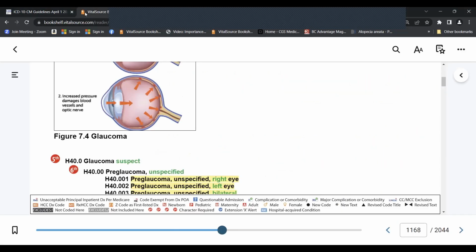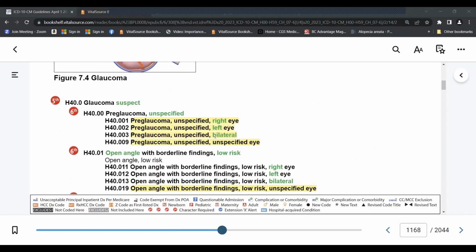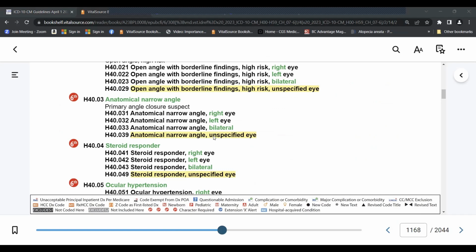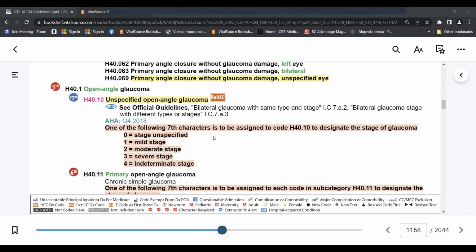So now we will look at the example of not having a code for bilateral. So look at H40.10. So you see H40.10, we don't have any laterality, right? We are just told unspecified open angle glaucoma.